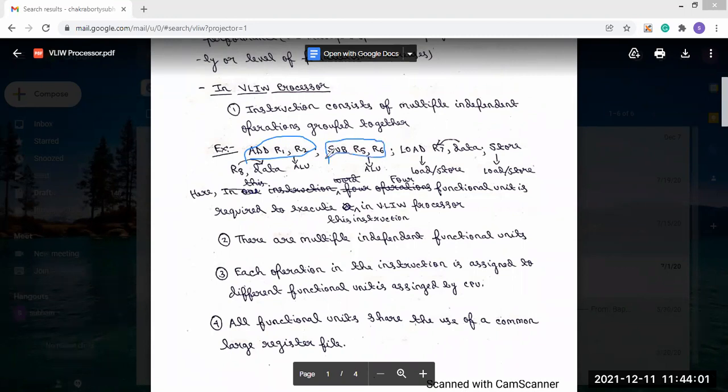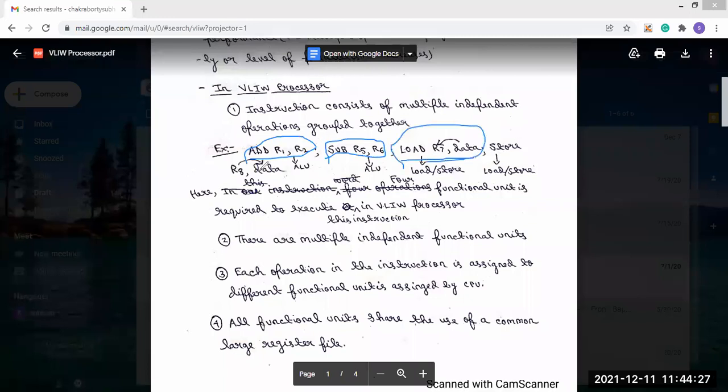Another independent operation is subtraction, where the value stored in R5 and the value stored in R6 are subtracted. Then there is load R7, data, which means the data will be loaded into register R7. This is another independent operation.